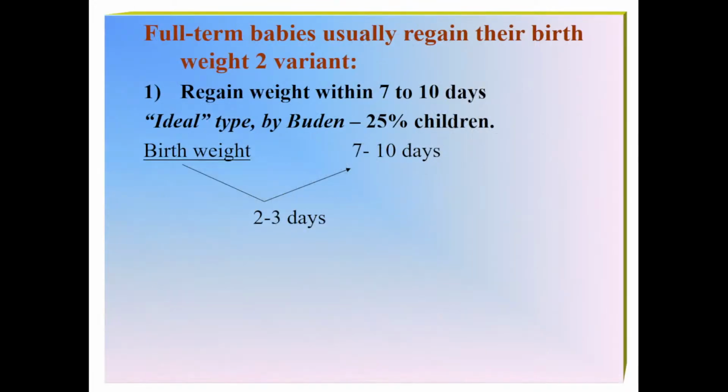Full-term babies usually regain their birth weight. Two variants. They regain weight within 7 to 10 days, which is the ideal type. 25% of children have this variant.